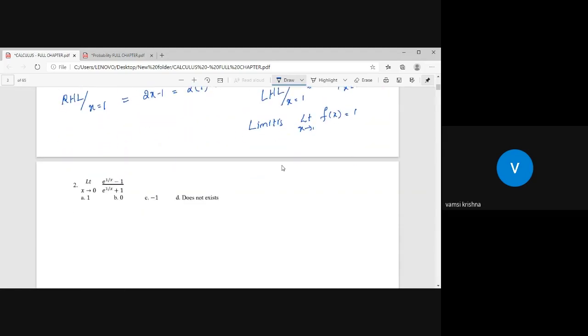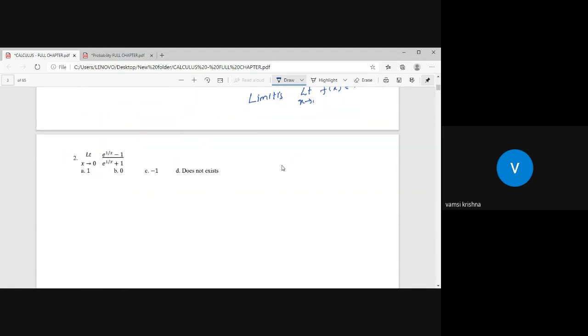And another example is limit x tends to 0 of (e power 1 by x minus 1) divided by (e power 1 by x plus 1). We need to find out this value. So evaluate limit x tends to 0, e power 1 by x minus 1 by e power 1 by x plus 1.